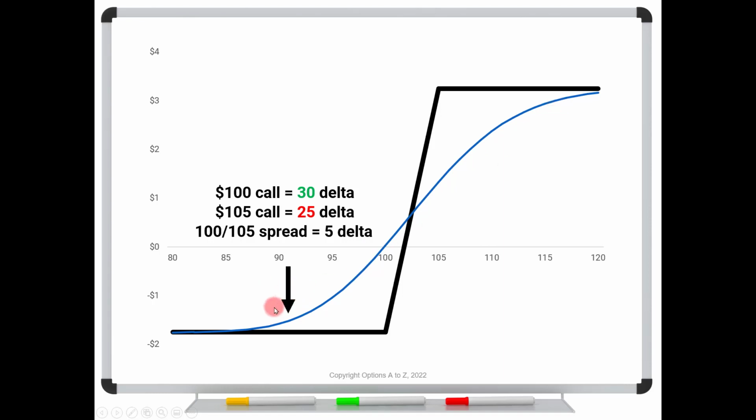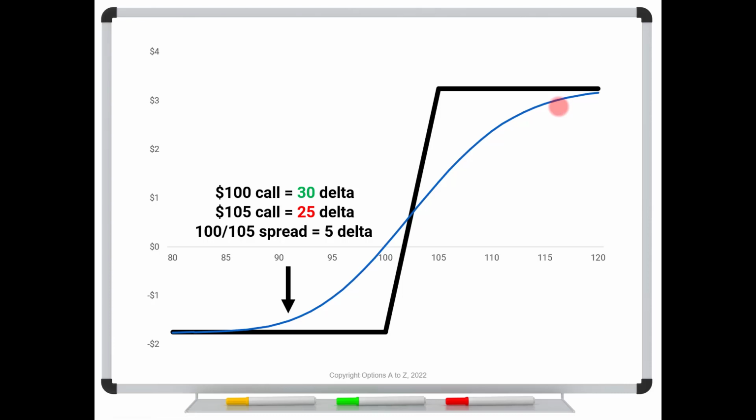Down here is arguably a really bad position to be in because you're working towards maximum loss. You've got positive gamma down here. On this side of the graph, you've got negative gamma. You've got positive theta. You're working towards the maximum gain, even though you have 5 deltas in both cases.